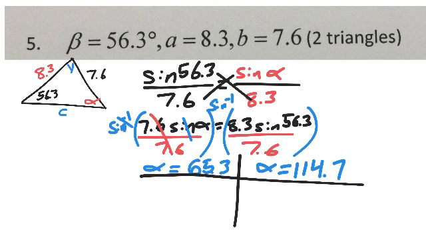If I add 114.7 and 56.3, I get 171, which means there's still 9 degrees left for that last angle. Therefore, we could have alpha being 114.7, and that would give me gamma being 9, because there's 9 degrees left.